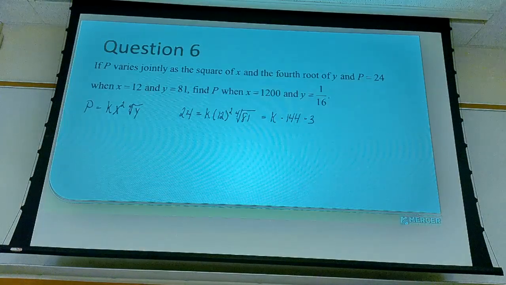Well, 144 is 12 squared. 3 squared times 4 squared, 2 to the 4th times 3 squared. 8 is 2 cubed, right?